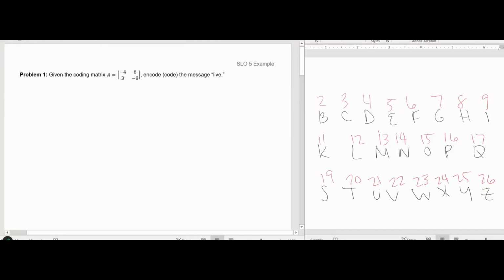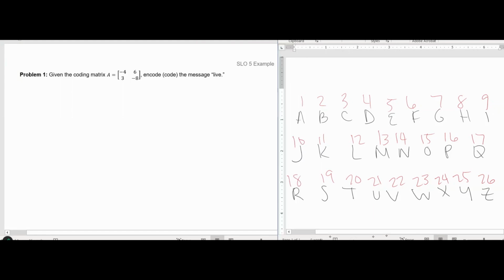Okay, let's look at an example for SOL5. First problem, given the coding matrix A, we're going to encode the message "live."